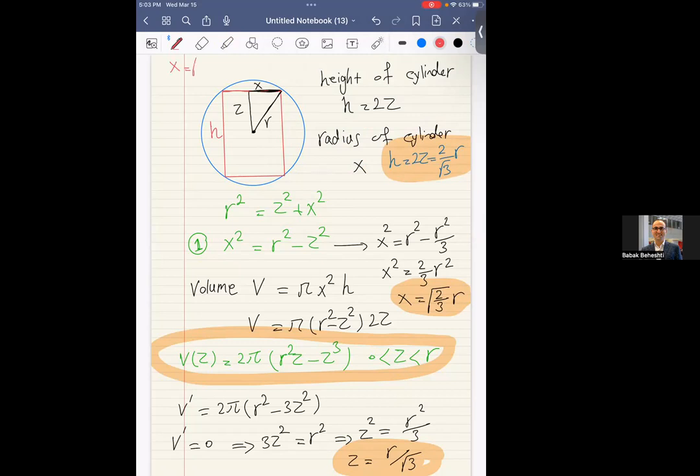X is square root of 2 over 3 times R, and H is 2 over root 3 times R.